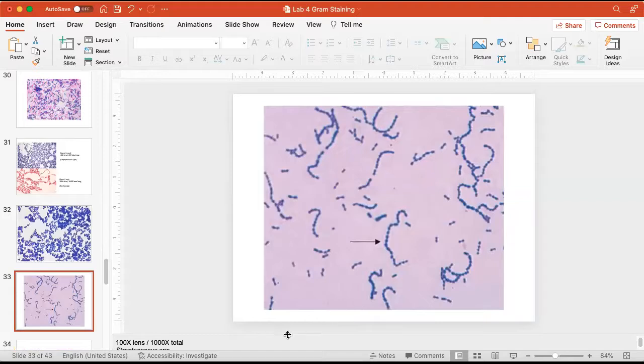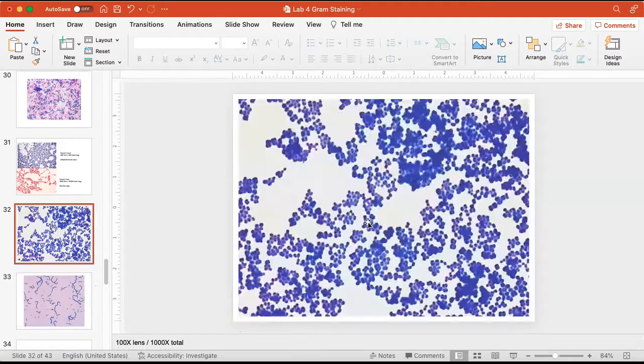Here's your next one. Now, this one is also under the 100x lens. This came from a diagnostic lab. This was a patient sample. This sample was a swab from the back of a patient's throat. Remember, when we have a pure culture, in other words, when we get the cells from a culture that was grown in the lab, the background is going to be pure white.